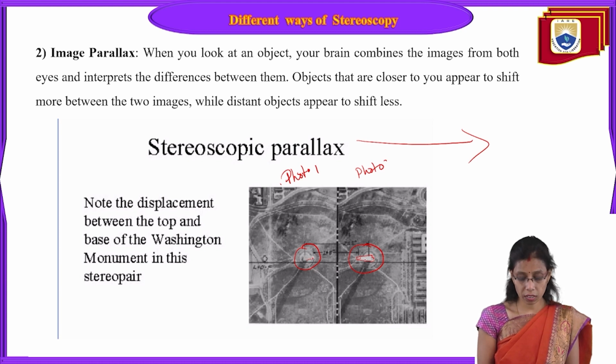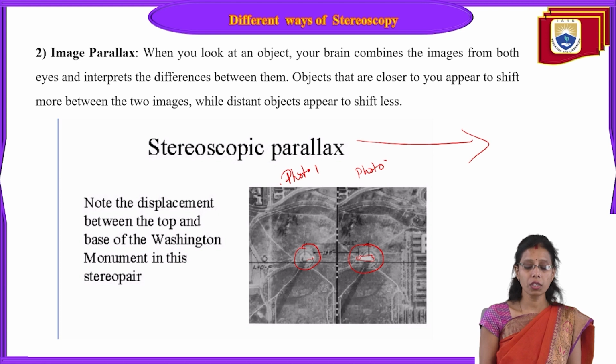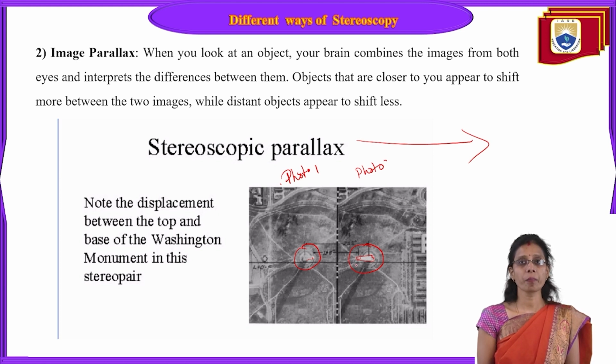With the help of this displacement, there is a formula that we'll be discussing in the coming lectures, with which we are able to find out the actual height of this object. When we keep these two images side by side and use a stereoscope, with the help of the stereo lens, we are able to see the elevations of all these objects.